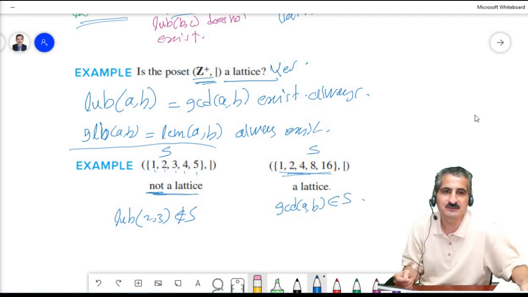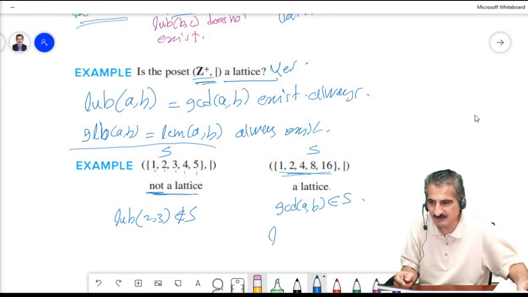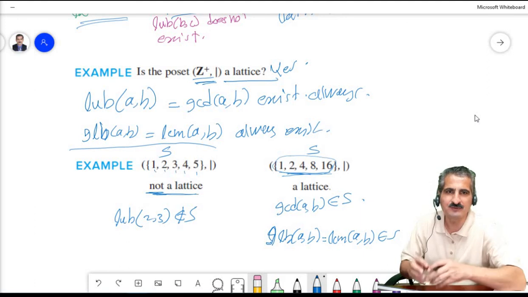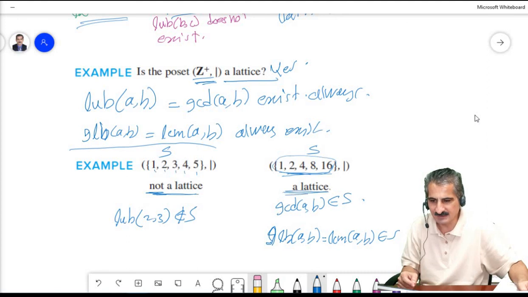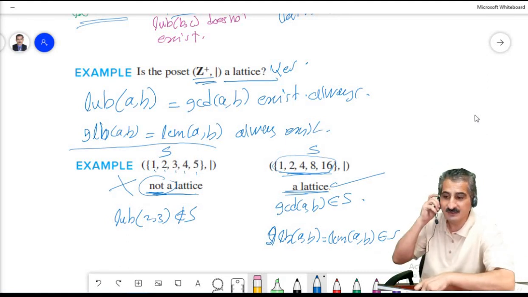The greatest common divisor between any two elements in there is in that set, and the least common multiple of any two of these elements always belongs to S. So the idea here, the least common multiple and the greatest common divisor of any two elements in there are in there. Both of them are in there. So this is a lattice. Good. And this is not a lattice because the least common multiple of two elements, or greatest common divisor of two elements, is not there. The least common multiple actually here.